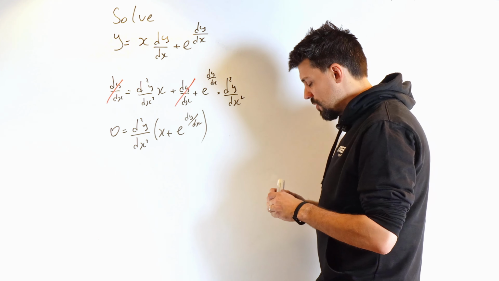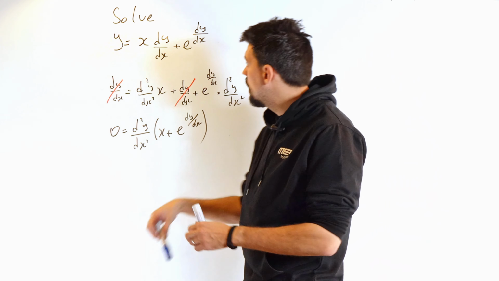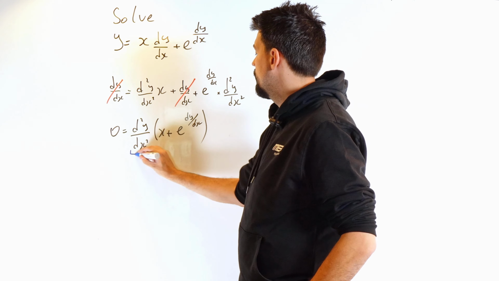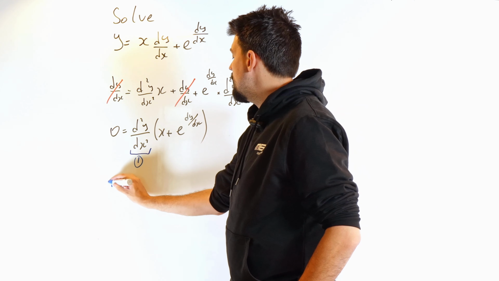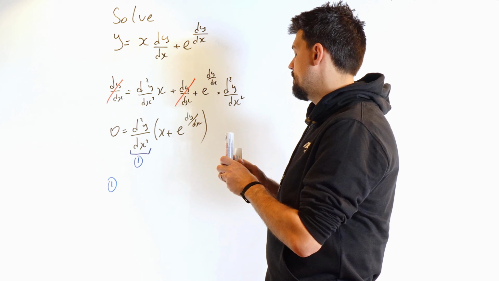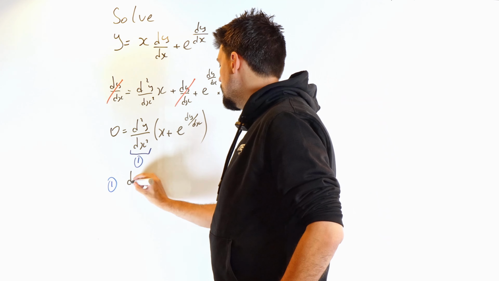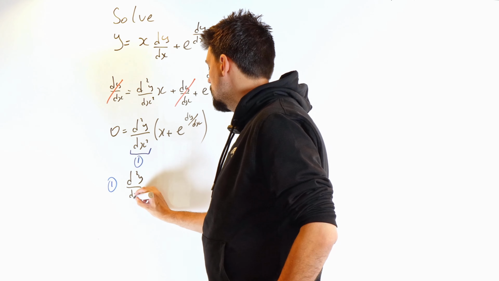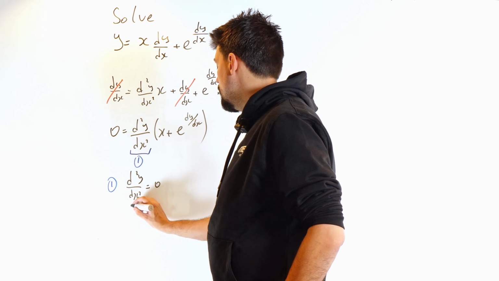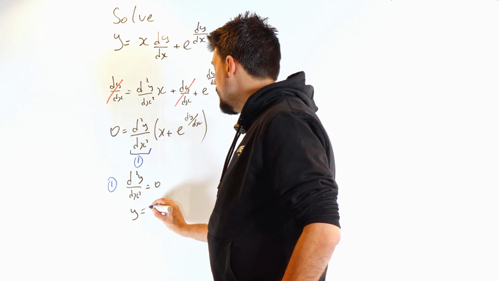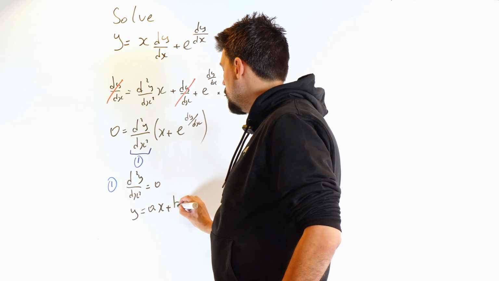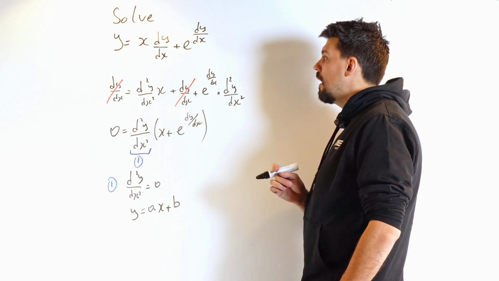So we've got two options here. Now option number one is here, and that one is fairly straightforward. It tells me that d2y dx squared is equal to 0. So it tells me that y is equal to ax plus b, a linear.